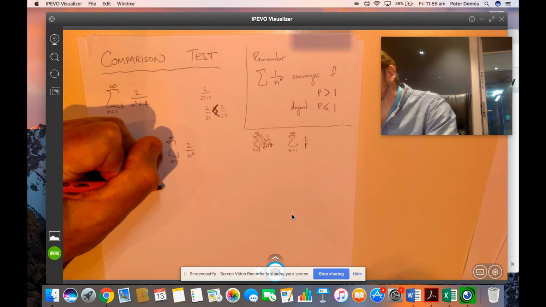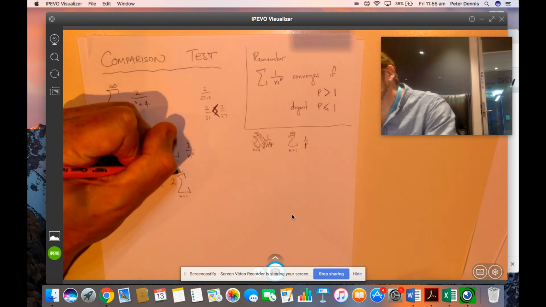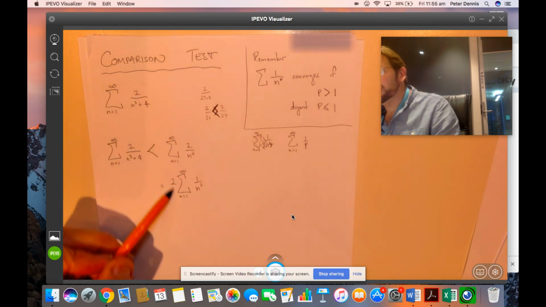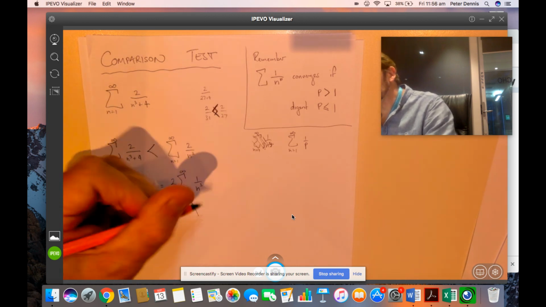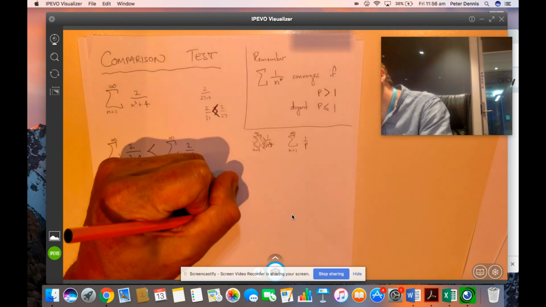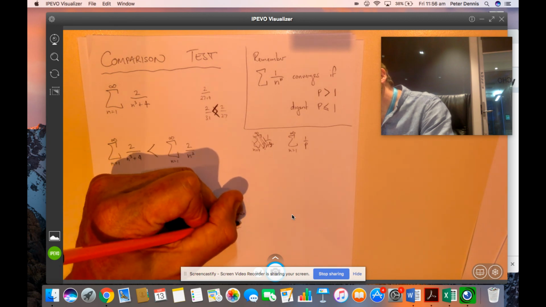Now, this is really just two lots of the sum from n equals 1 to infinity of 1 over n cubed. This is convergent. How do we know it?